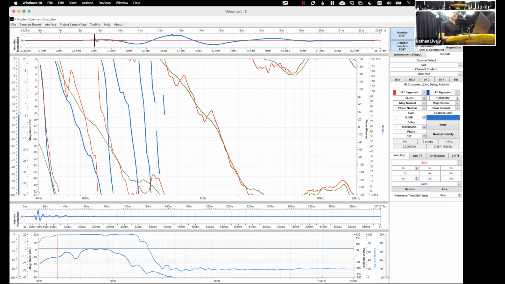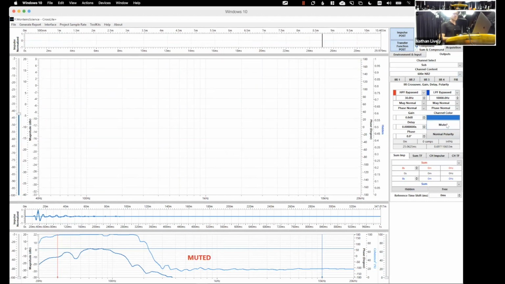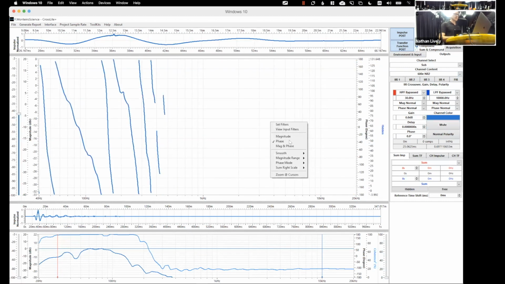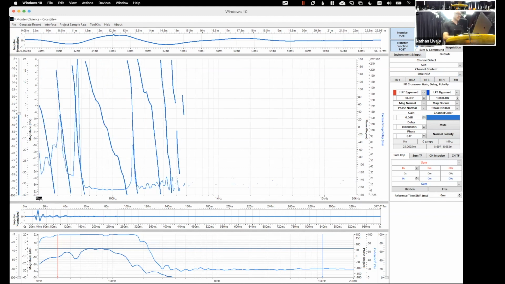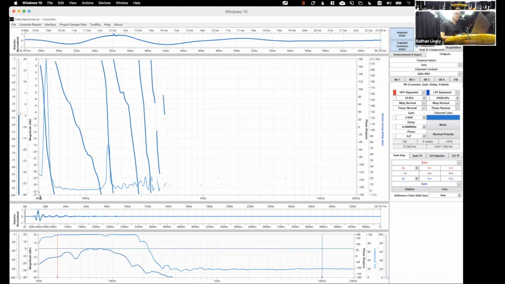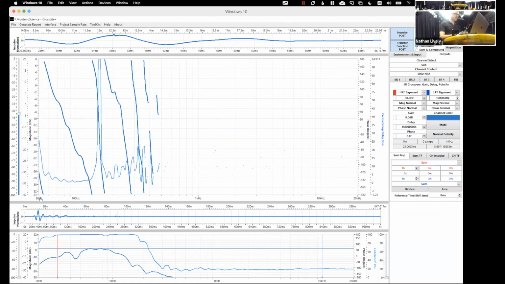And I bet if we look at the excess group delay, we will see that. We've got to move up past this noise, so let's go up to 40, 50. Okay, yeah, look at this big peak.